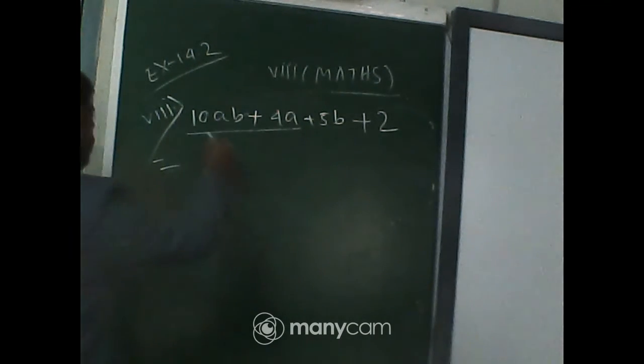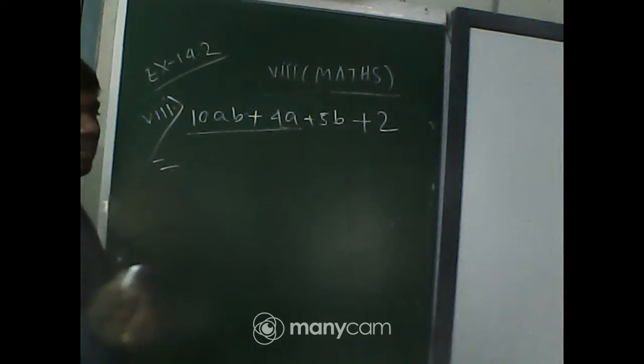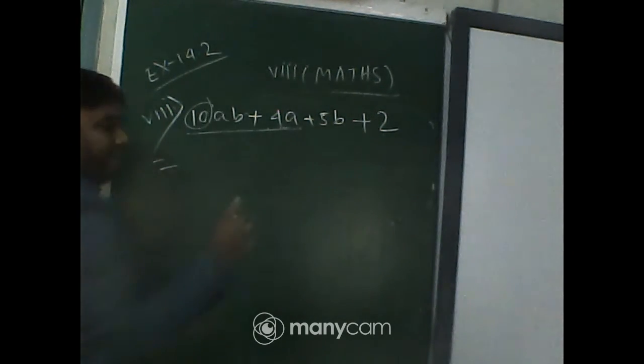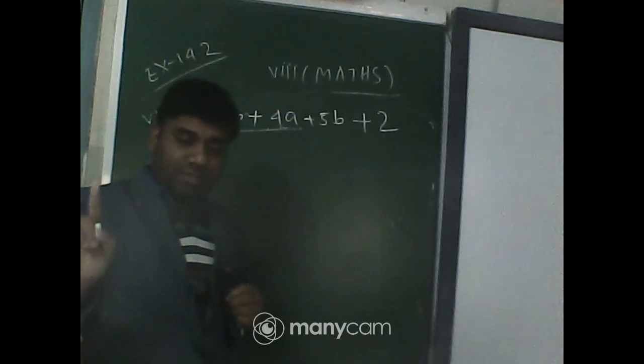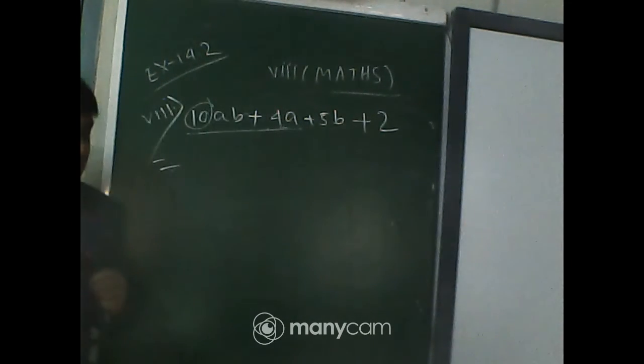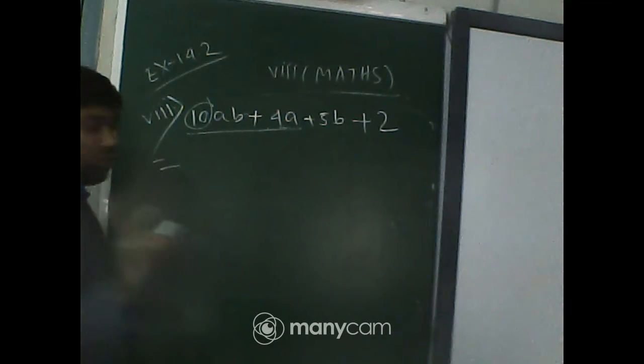So that is 10ab plus 4a. From that portion you can easily take common. Now 10 has a factor of 2, which is very well known to you. So take 2 as well as a.